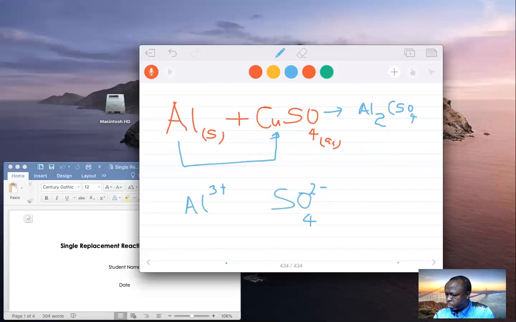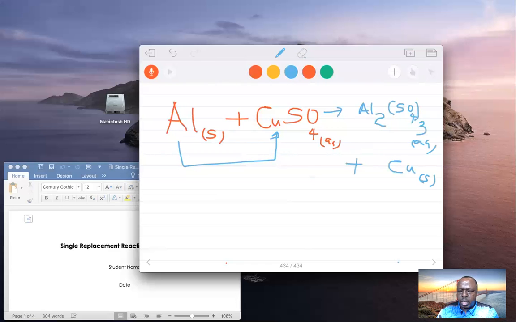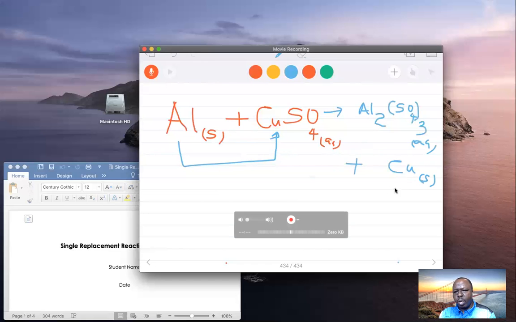This will also form copper solid. This is aqueous, plus copper. This will be solid. The objective is to synthesize copper. This is our final product. We want to determine the mass at the end. The mass of copper at the end is what we are trying to determine the yield of.